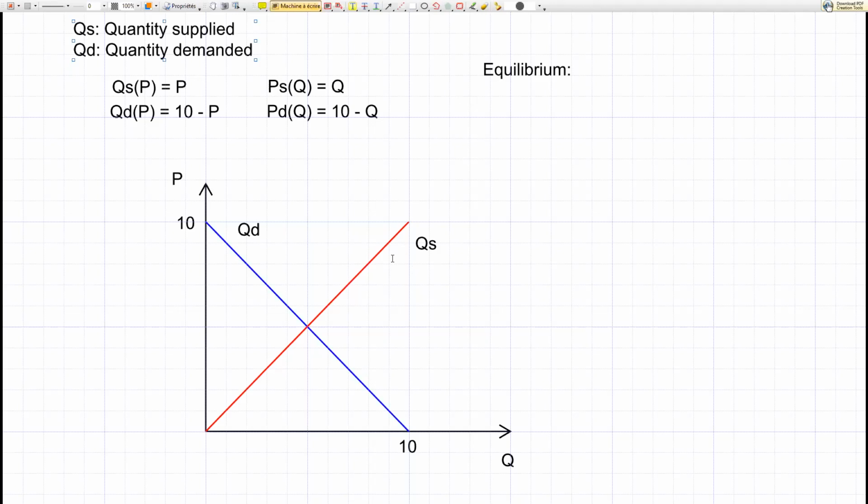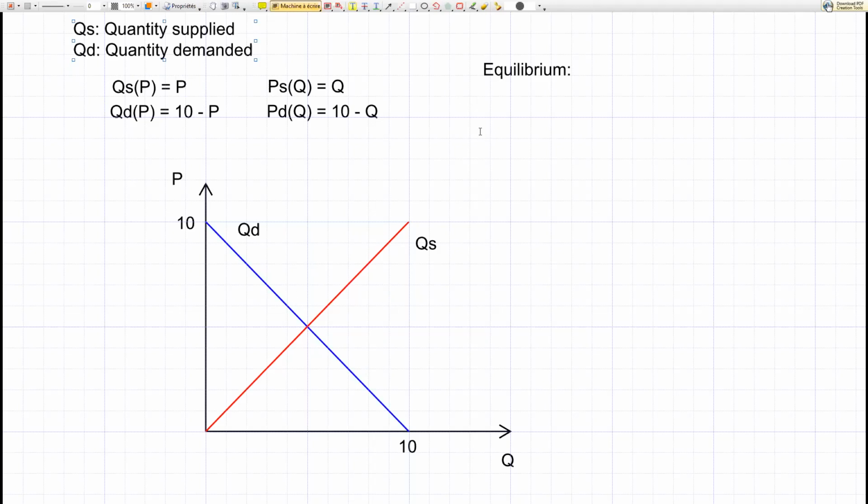Now the only thing I want to talk about is, from this mathematical expression of supply and demand, how do I find the market equilibrium? How do I find this point here? Somebody knows? You put the two equations equal. Yes.